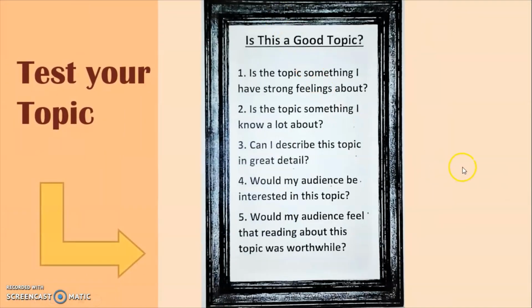So before we start getting into our brainstorming packet, because remember your homework was to fill out your brainstorming box and to narrow it down to 2 or 3 answers or 2 or 3 topics, let's talk about testing your topic.